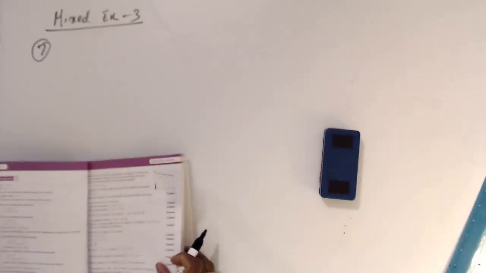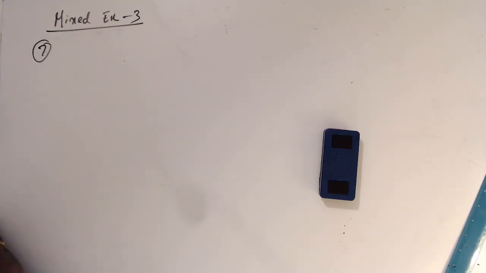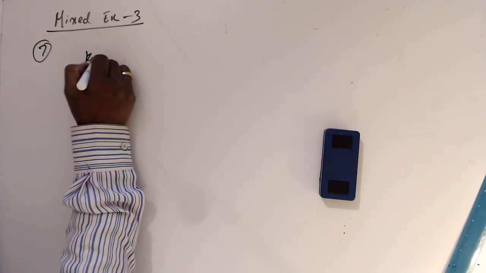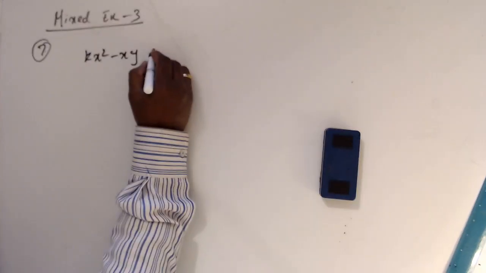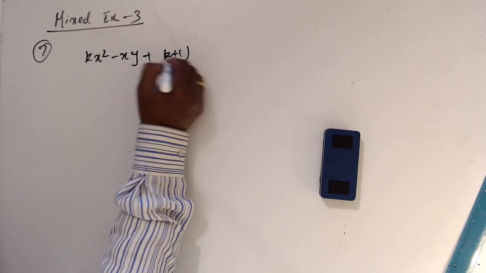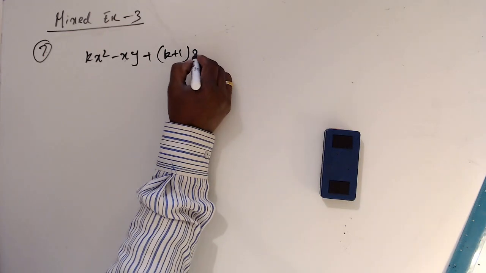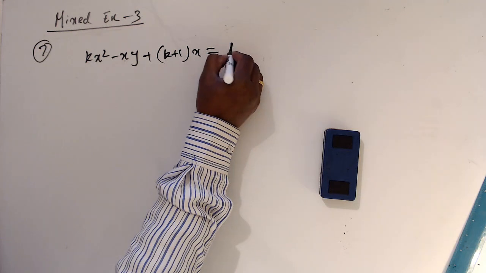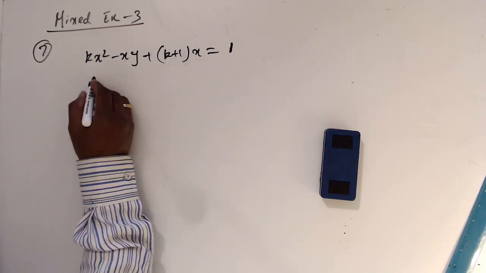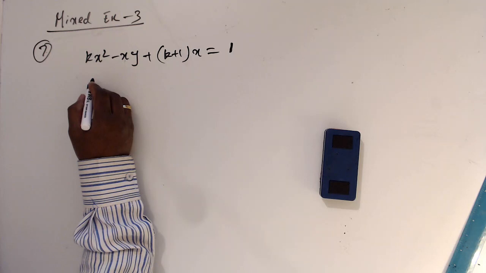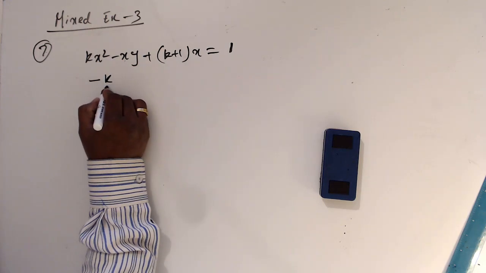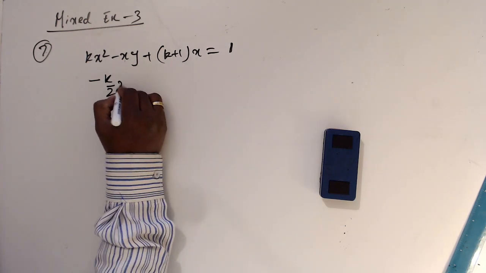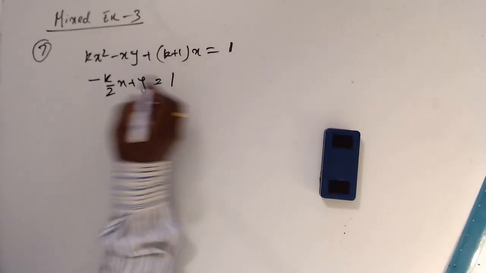You can eliminate x or y, it is up to you. Equation 1: kx² minus xy plus (k plus 1)x equals 1. Equation 2: minus k over 2 x plus y equals 1.